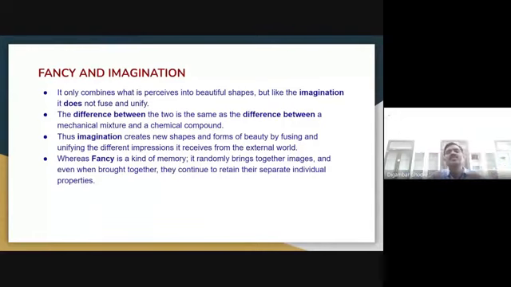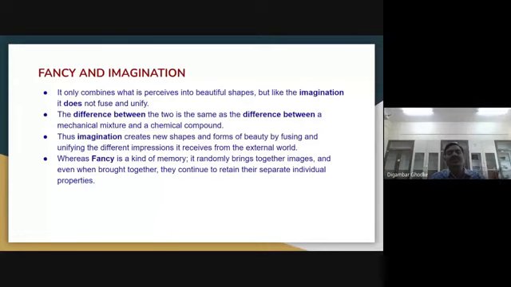The images of both these aspects are there. But it is the imagination which fuses and unifies, not fancy. Fancy does not fuse. You must be knowing the term fusion. Fusion means combining, mixing it together, unifying. And fancy only combines. It does not fuse and unify.